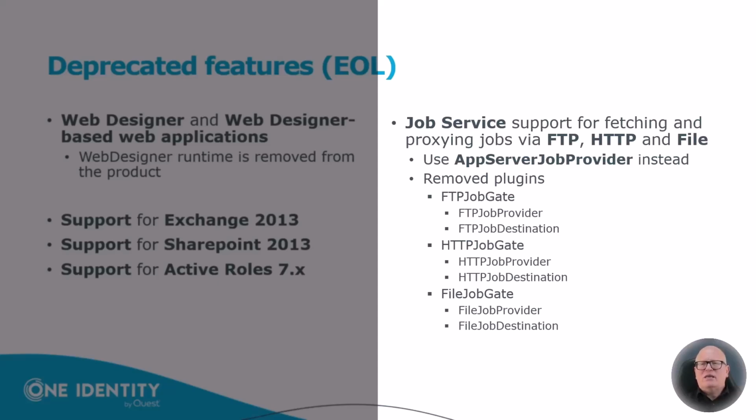This is now in the meantime completely deprecated, especially because we do have a REST-based application server, and that helps the transfer during specific firewall landscapes or something like that. Because of that, in Identity Manager 9.3, every one of these job providers is now removed. This considers the FTP job gate, the HTTP job gate, and the file job gate.